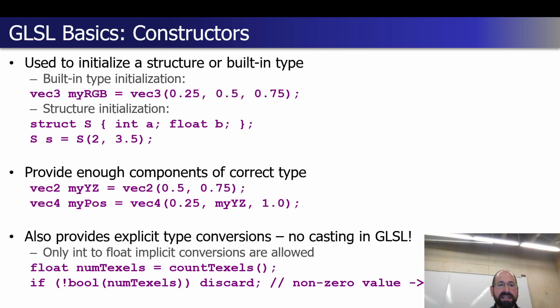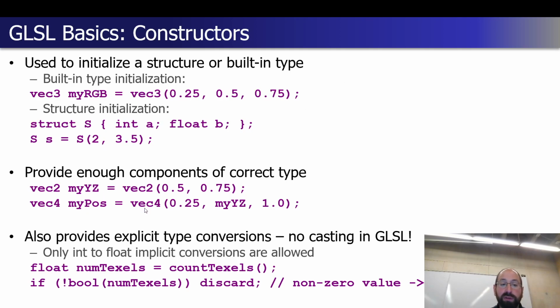You've already seen these examples of built-in initializers / constructors where you can specify a vec3 or a vec2 or a vec4. I think a fair way to say it would be, if you wish that feature was available to initialize a vector type in GLSL, it generally is. It generally does everything you would hope in terms of composition of these scalars and vectors into larger vectors and matrices as well.